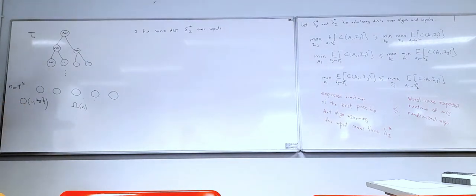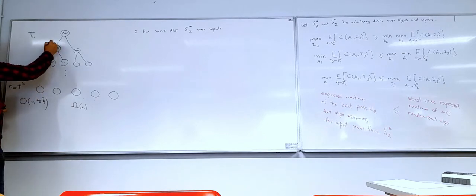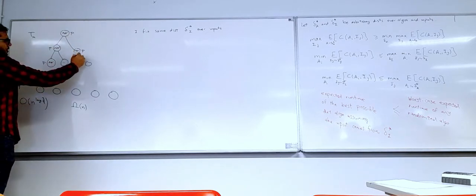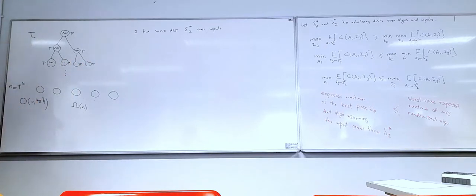So for any internal node, I have some probability P that this node evaluates to 1, and I want it to be P for every node. So how can I do this?